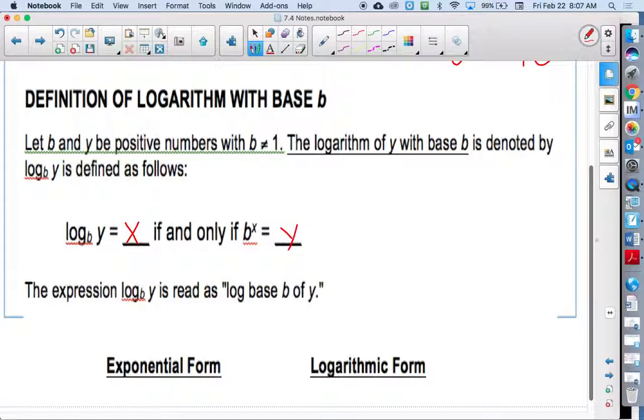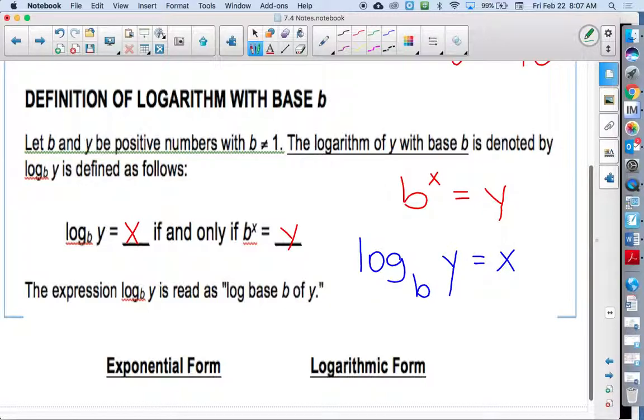And I'm going to write it over here on the side. So if we have b to the x equals y, that's the exponential form that we've been using. It just doesn't have that initial value, so the initial value isn't sitting in front of it. Then we can change that to say log base b of y equals x.